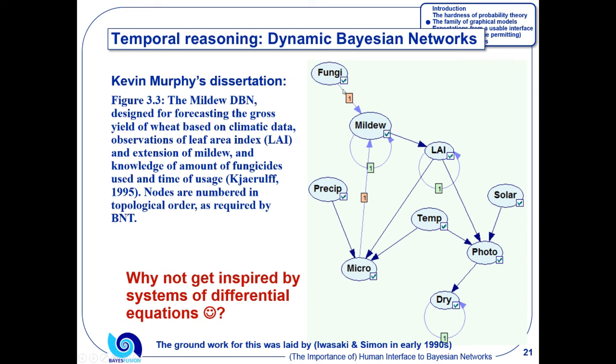Whenever we are dealing with a temporal arc, we are dealing with a differential equation. An arc of first order is a first order differential equation. So mildew involves a differential equation that depends on differentials of micro, fungi, and mildew itself, etc. This representation is much simpler. We don't need to have multiple representations of variables. Adding arrows of higher order is very easy. You just add them to this picture.